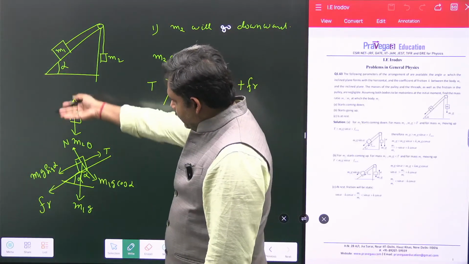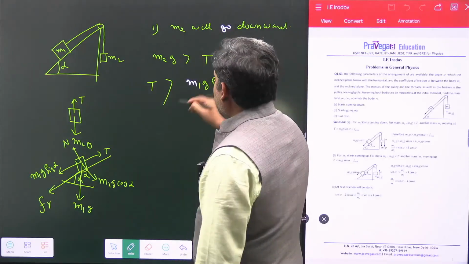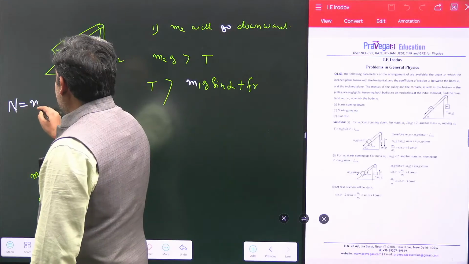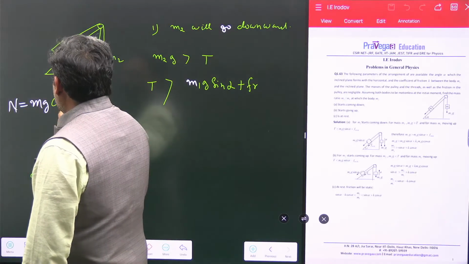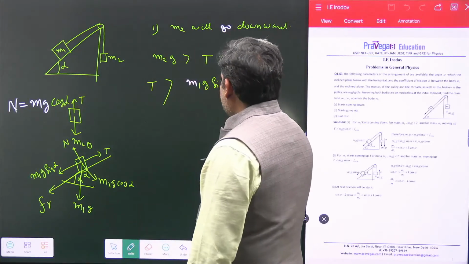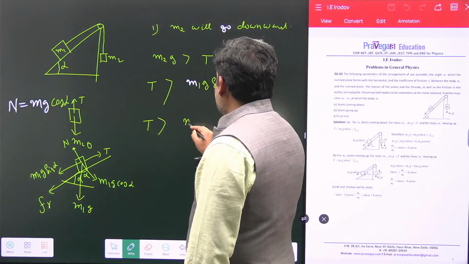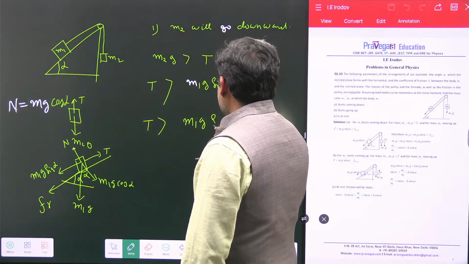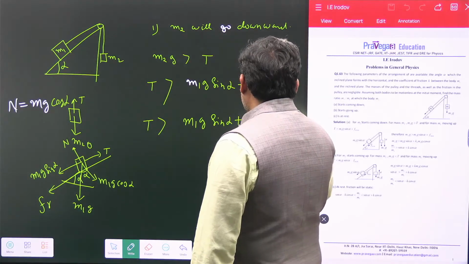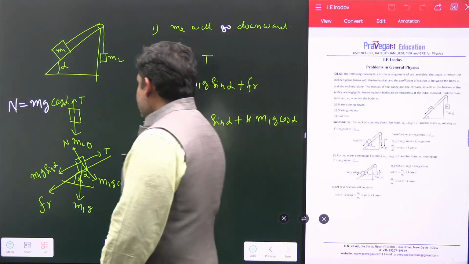There is no motion in the perpendicular direction, so obviously the normal force N must be equal to m1g cos alpha. So I can write that the tension must be greater than m1g sin alpha plus k m1g cos alpha. So this is the condition.